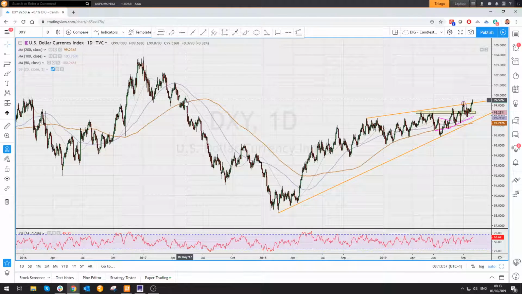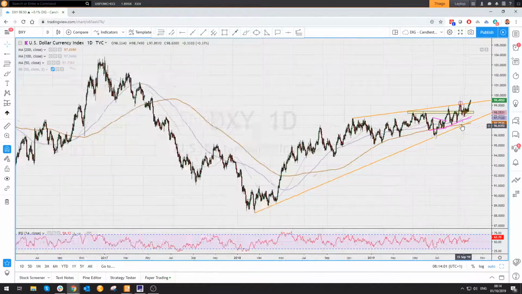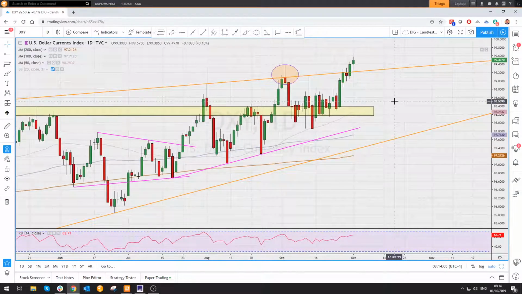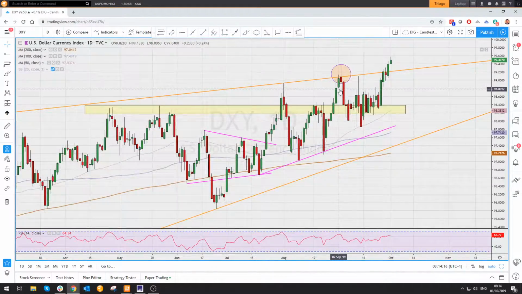Really nice to see the dollar going through and starting to break, and you can see continuation to the upside as you expected, especially with this candle from yesterday above this previous high, a really bullish candle, and it looks like it really wants to go, right?